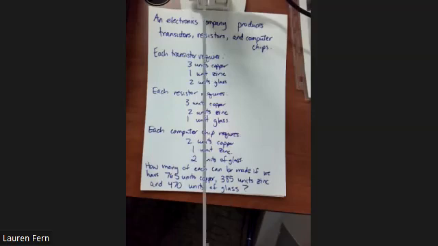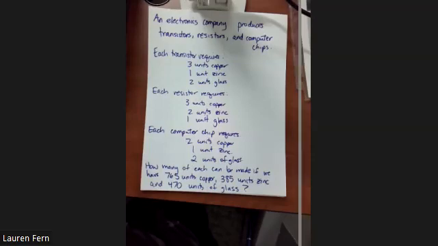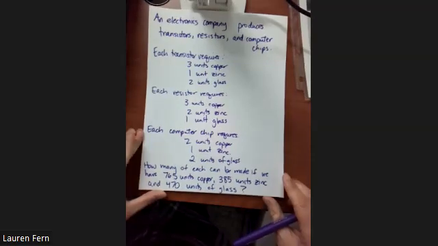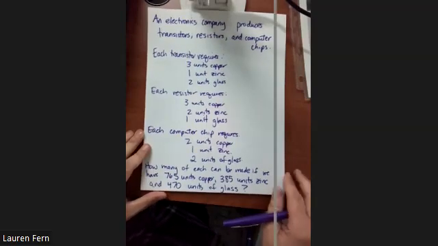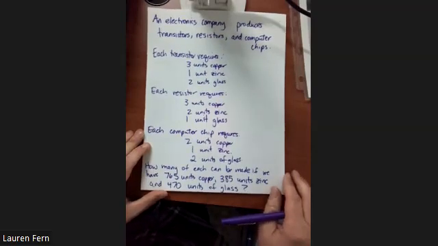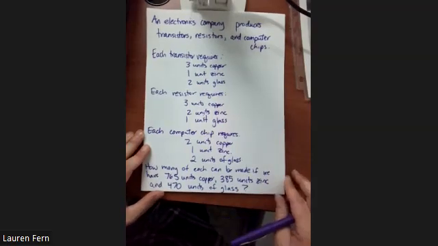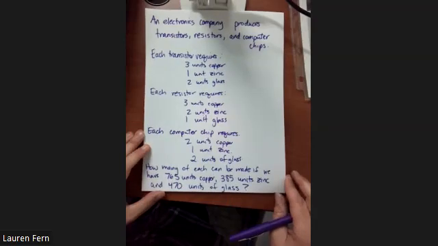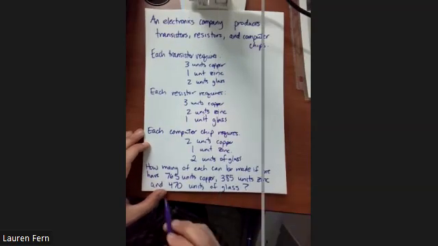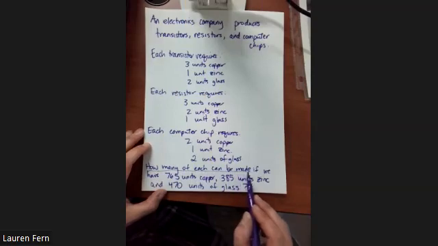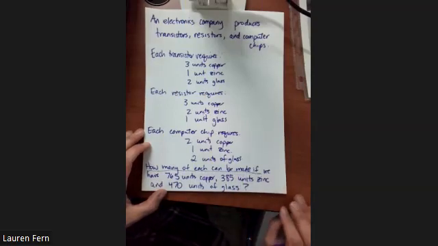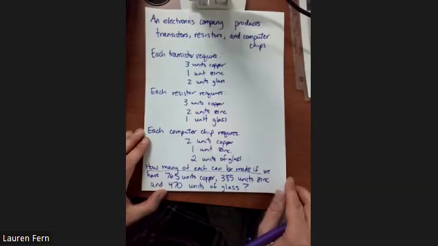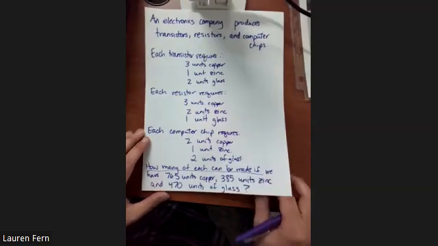Okay, so the first thing that we want to do is define our variables. How do you define your variables? Don't you go to the question that is being asked? How many of each can be made?